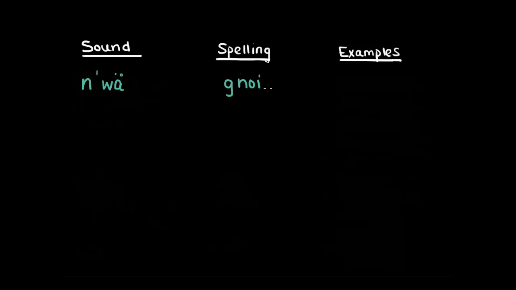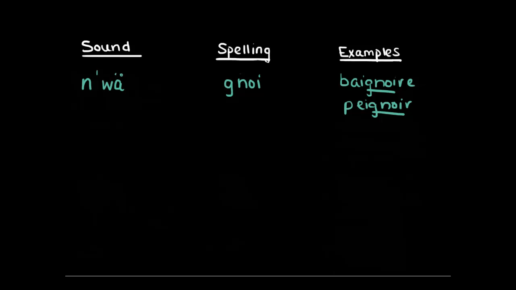Examples are baignoire and peignoir is another one. Okay, baignoire and peignoir, these are different words, but the G-N-O-I, as you see here, represents the noir sound. So that's something not very common in French, but something to look out for, definitely.